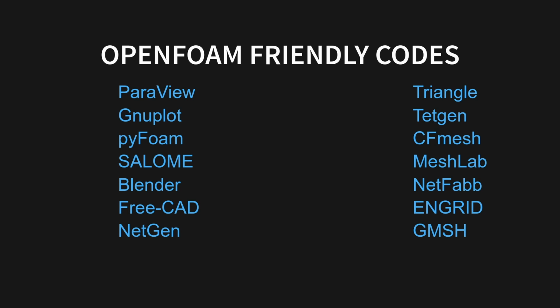This one is a wonderful and friendly code that aligns with OpenFOAM, and it can handle large data sets efficiently, which is essential for high-fidelity CFD simulation. We may also use these two codes here, like gnuplot and PyFoam, if needed, so it's better to have them as well.